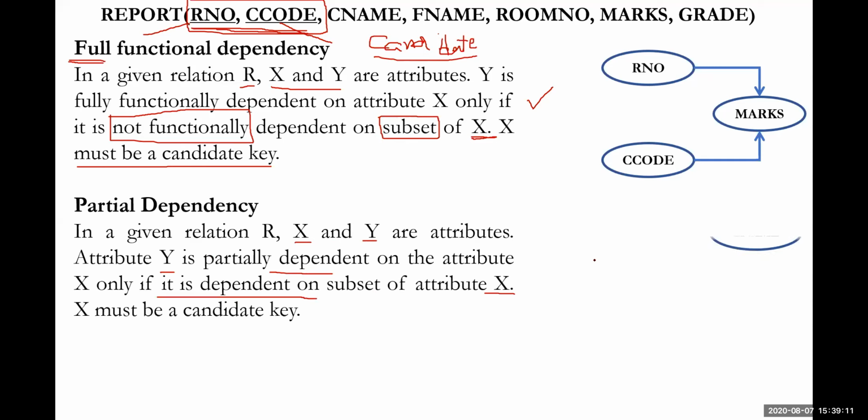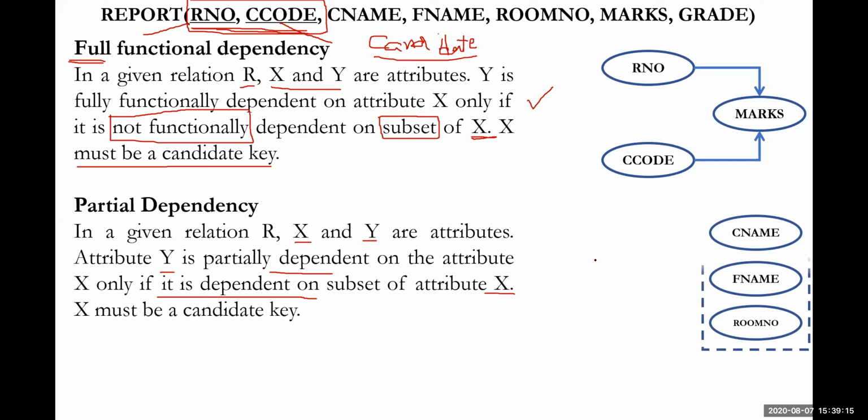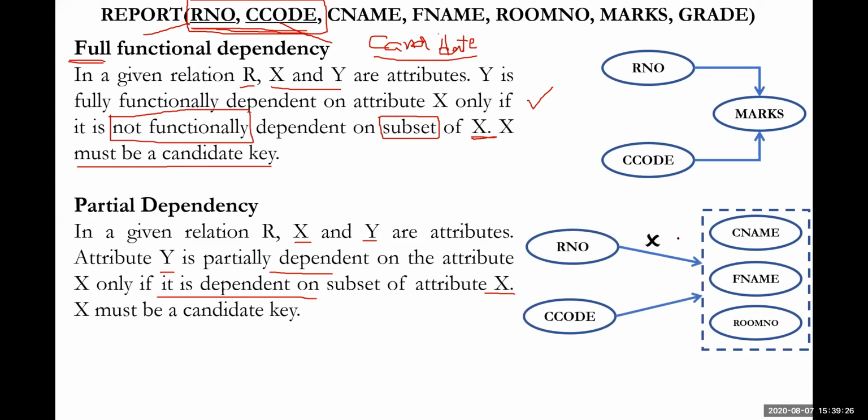For example, consider course name, faculty name, and room number as one subset, and let us consider register number. Register number does not fully depend on this, whereas course code, all these values fully depend upon it.